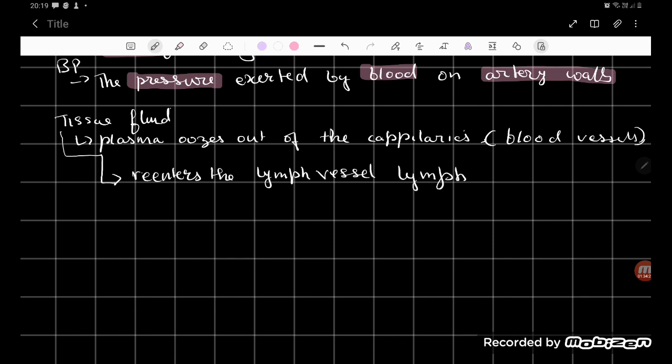Okay, there's nothing different in it. It's just when it flows in the lymph channel, it is called lymph.